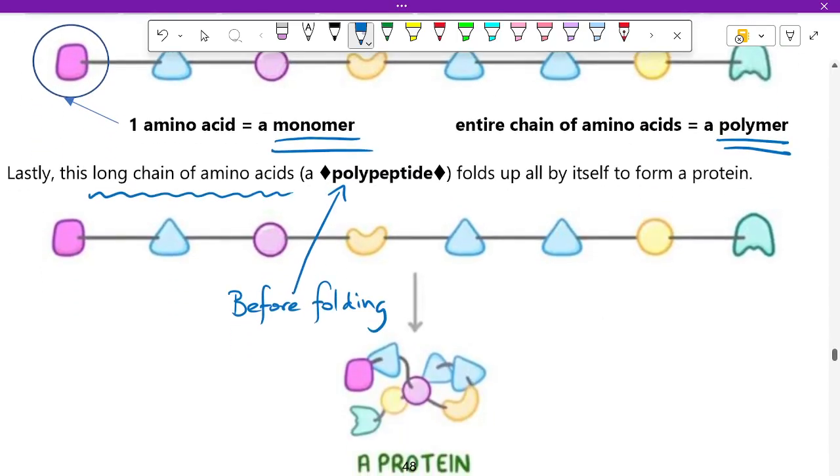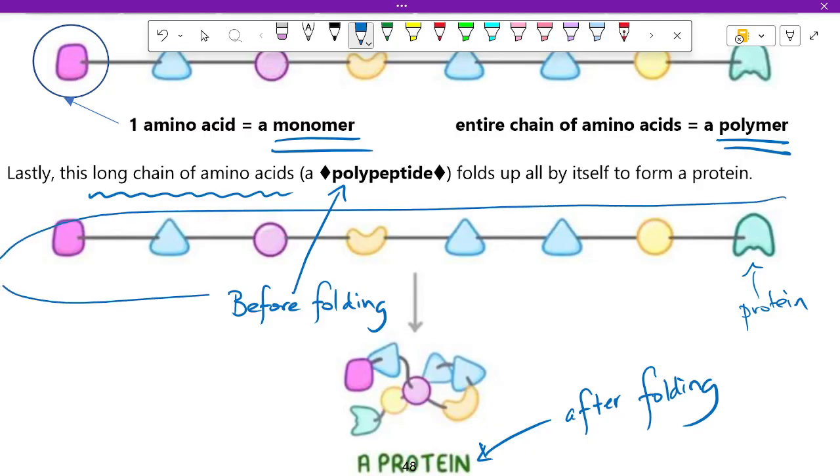After folding, it's called a protein. But if you're like, you know what, I just want to call this thing a protein because that's too complicated, you can just call that thing a protein before and after folding. It doesn't matter. Yes? But if you want to know the word polypeptide, there you go.